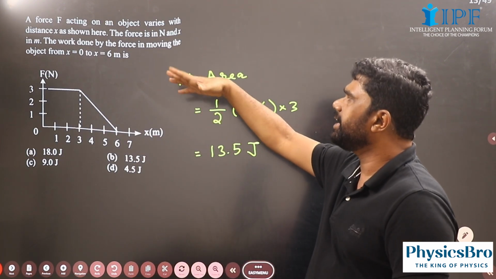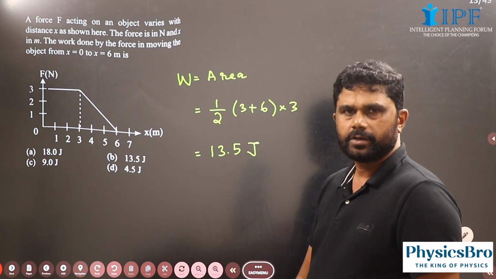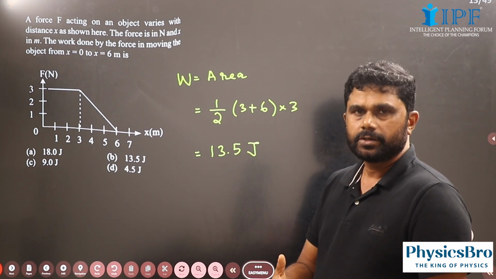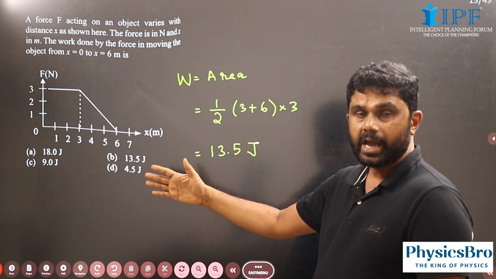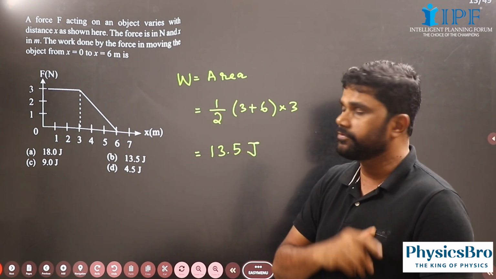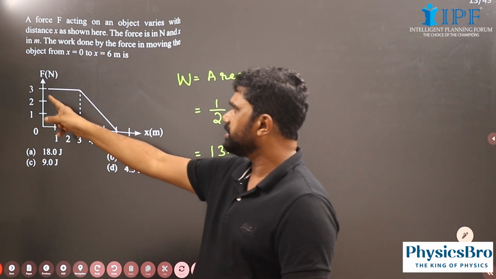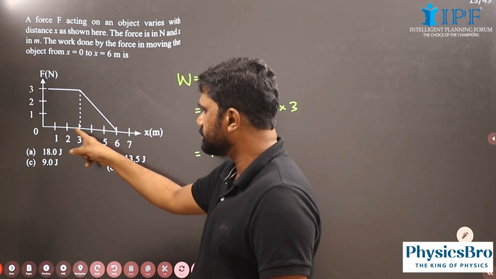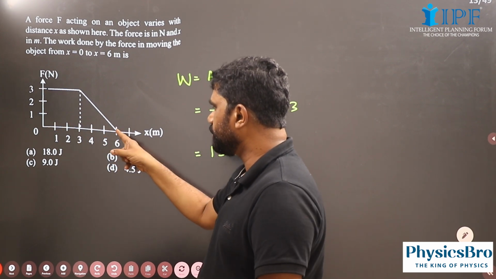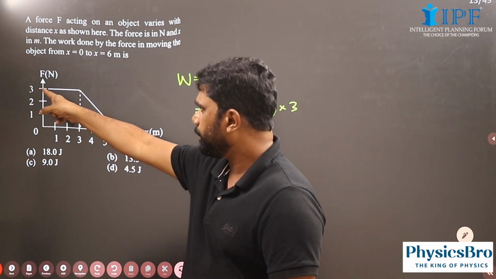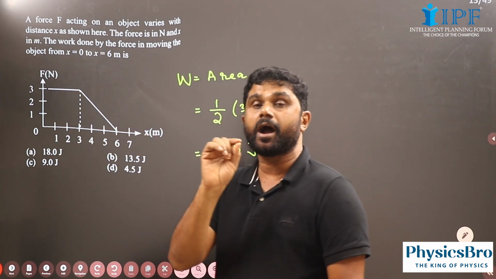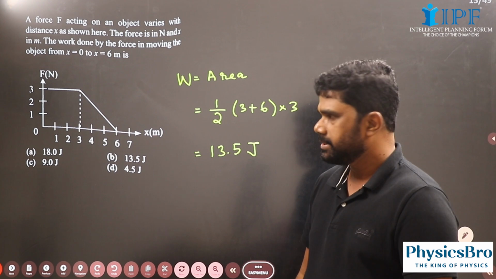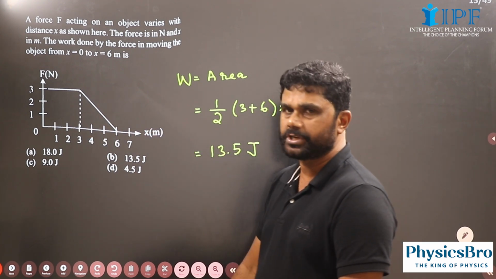Here we have again a force displacement graph and we want to find the work done. Here also it is a trapezium, and the area under the graph will give you the work done. We have two parallel sides, the upper side is 3 units and the lower side is 6 units. So the average will be half into 3 plus 6, and the separation between them is 3 units.